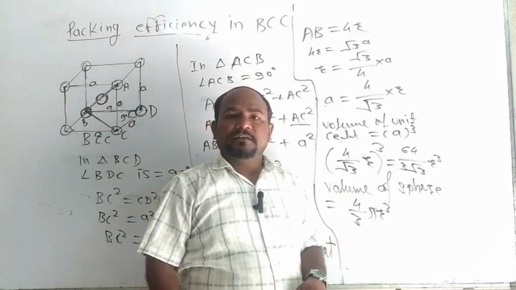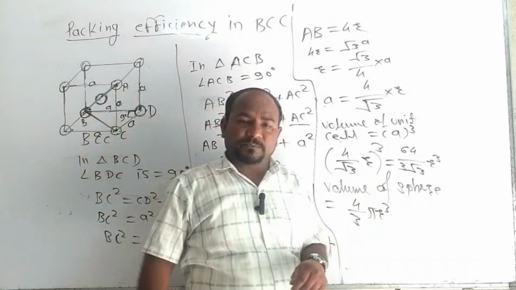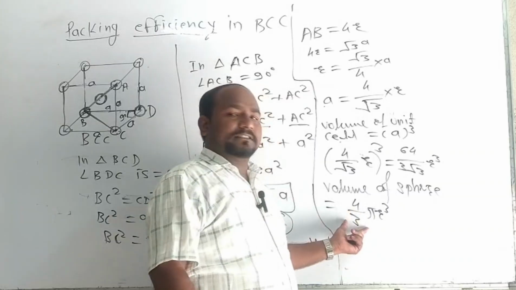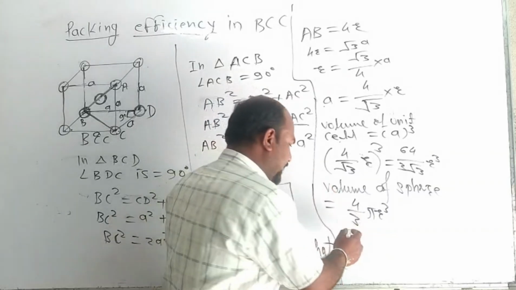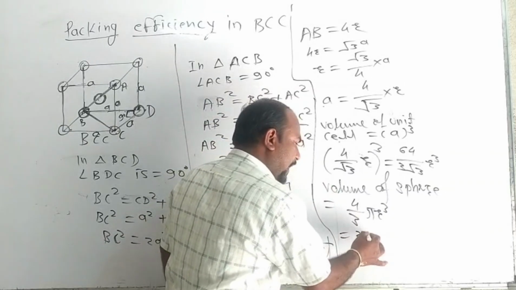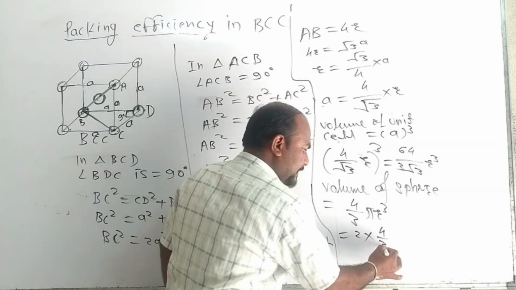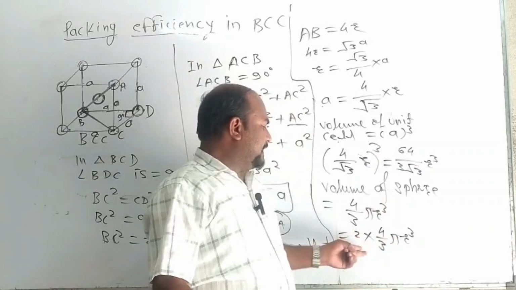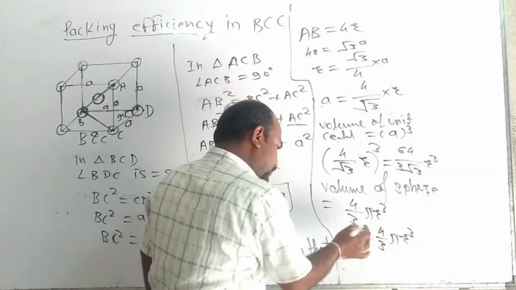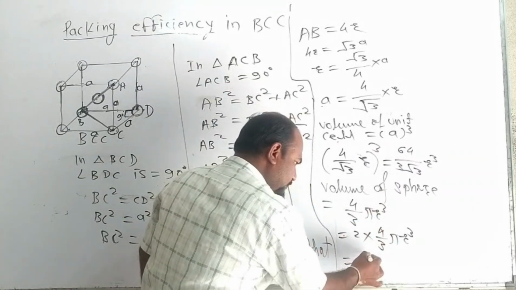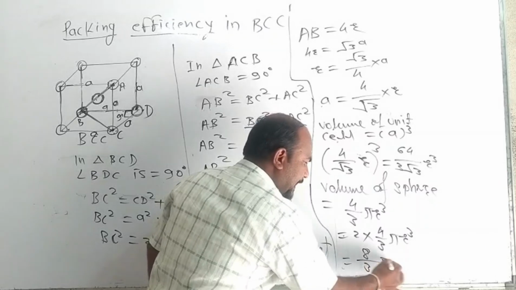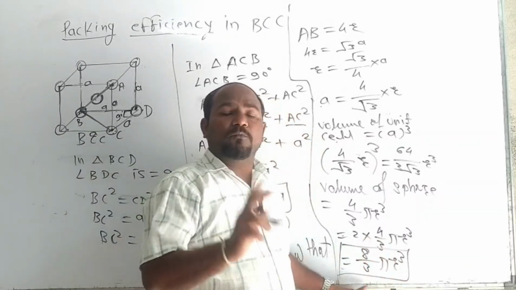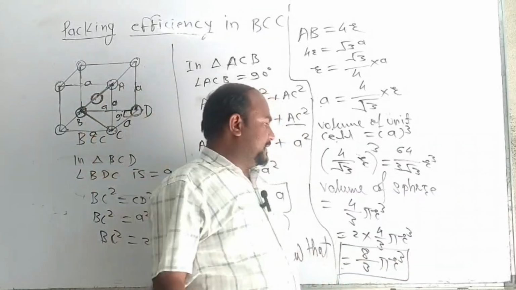So we simply multiply this volume by 2. 2 4s are 8 by 3 pi R cube. So this is nothing but the total volume occupied by 2 spheres in this BCC.